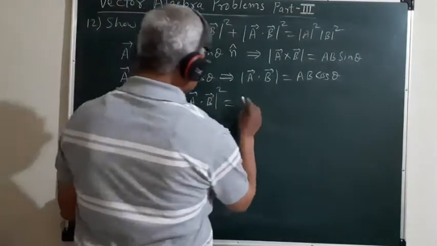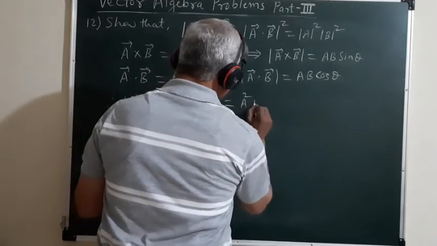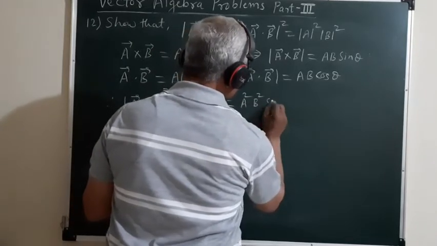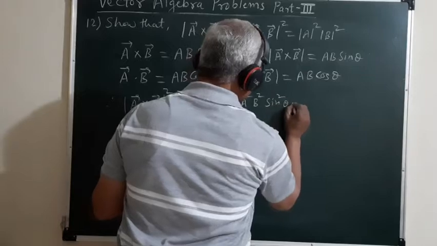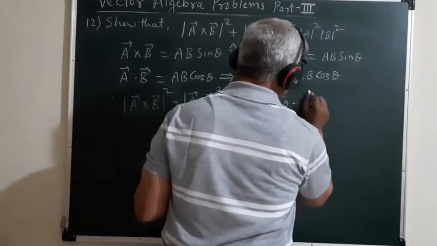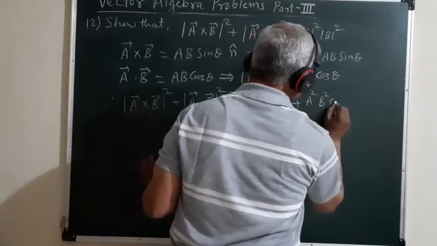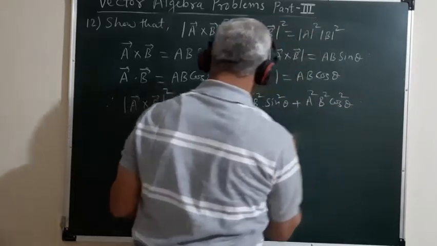So we get a square b square sin square theta plus a square b square cos square theta.